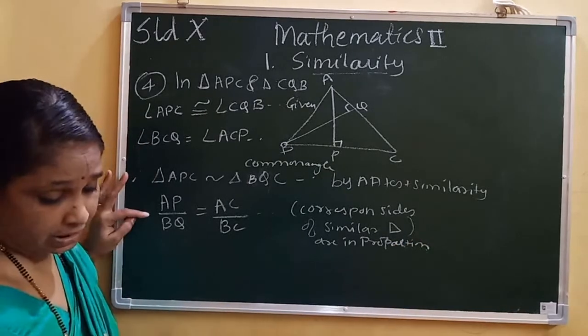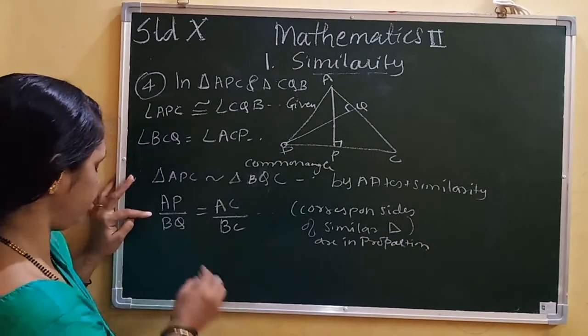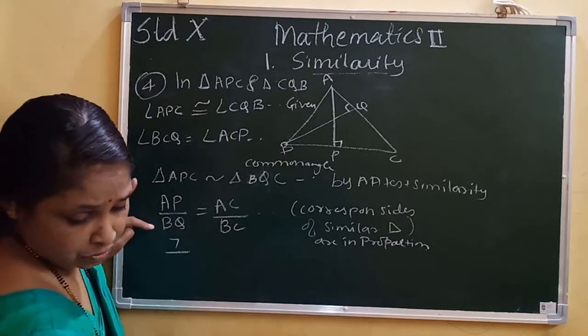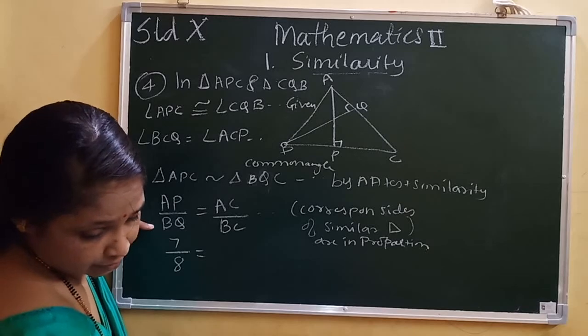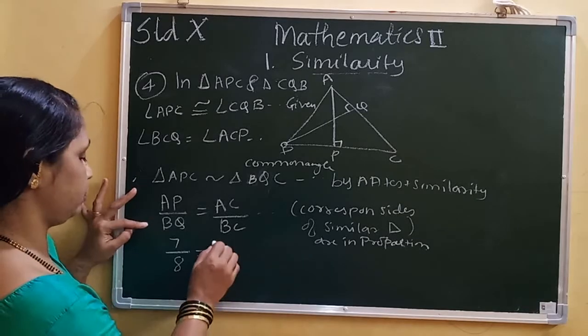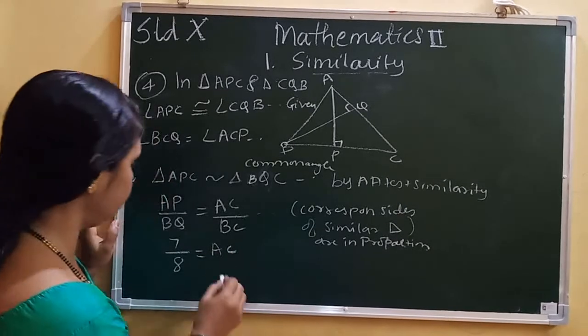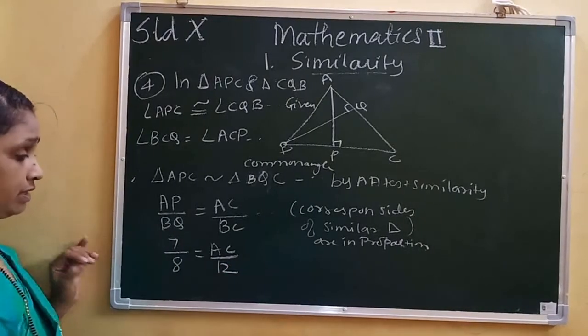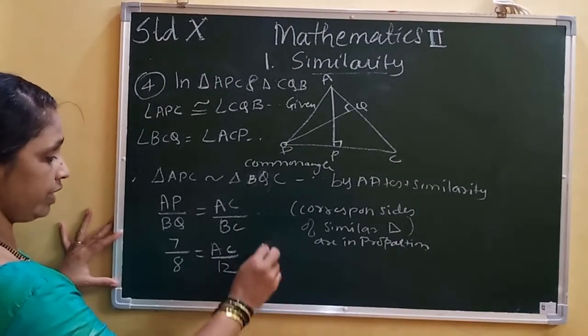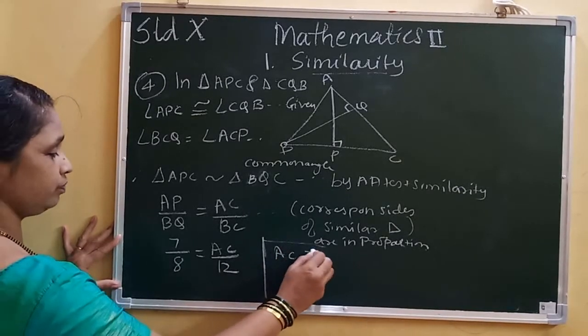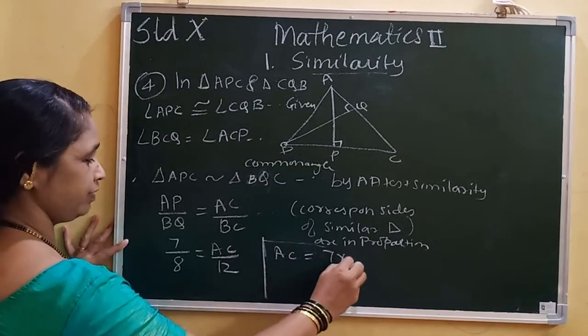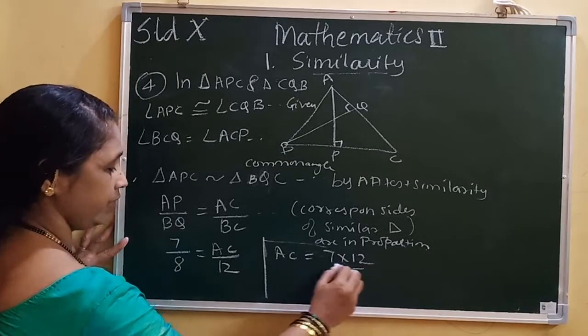Now this measure is given. AP's measure is given 7 and BQ's measure is given 8. AC's measure we have to find out. BC's measure is given 12. Therefore AC is equal to 7 into 12 upon 8.